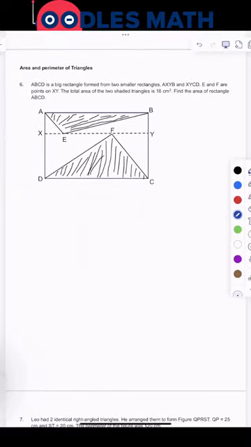Okay, for question 6, it is a seemingly easy question, but it's actually quite tricky. It tests you on your understanding of the concept of area of triangles. First, let me just recap with everybody. To find the area of a triangle, remember the formula?